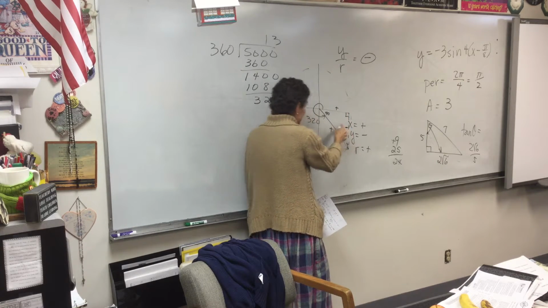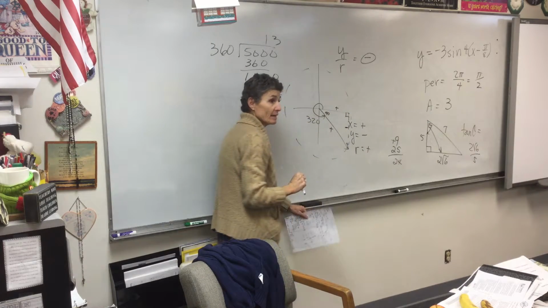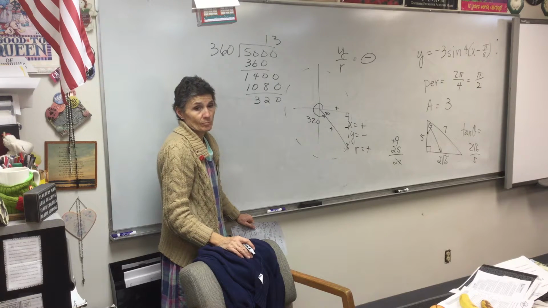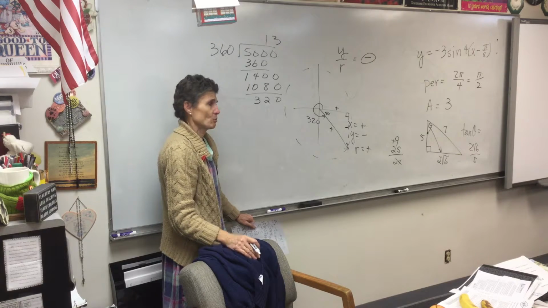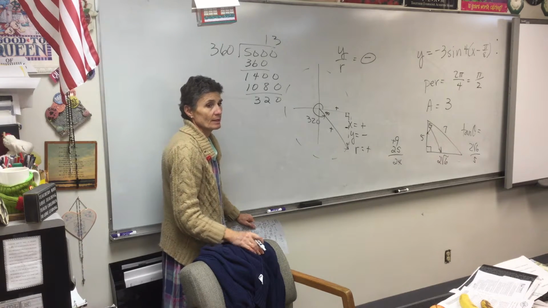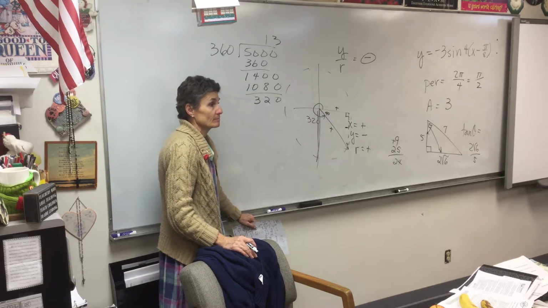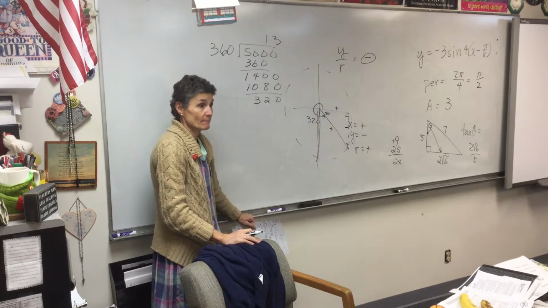So if you did opposite over hypotenuse for sine, you would still come out negative. When would it ever be 0 or undefined? It would have to end up on an axis, because then you have zeros and ones.